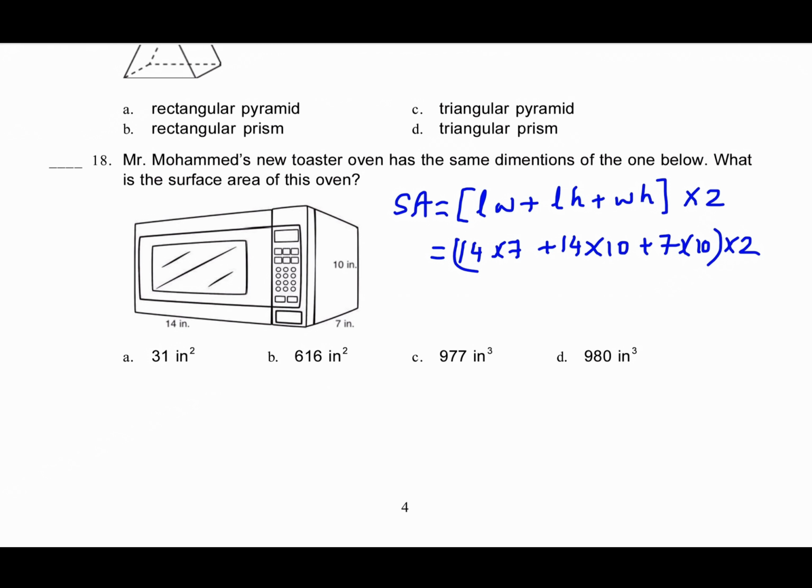So 14 times 7 equals 98, 14 times 10 equals 140, and 7 times 10 equals 70. Total would be 308 times 2, which is 616. The answer would be second choice, B. So it's 616 square inches.